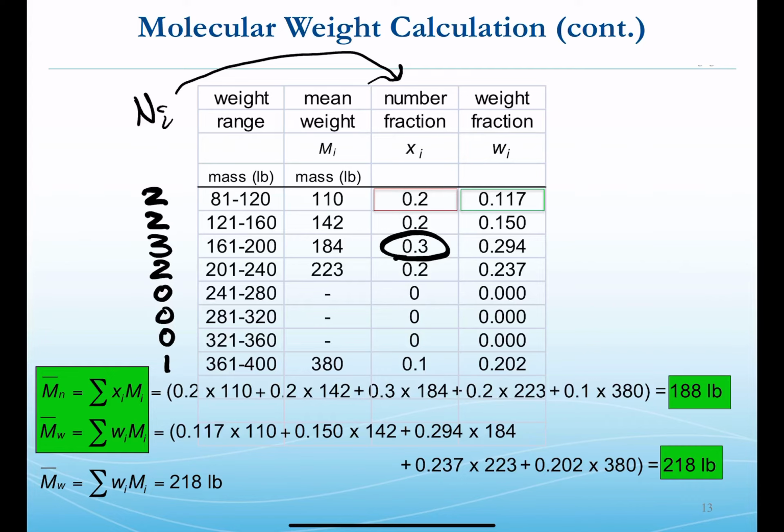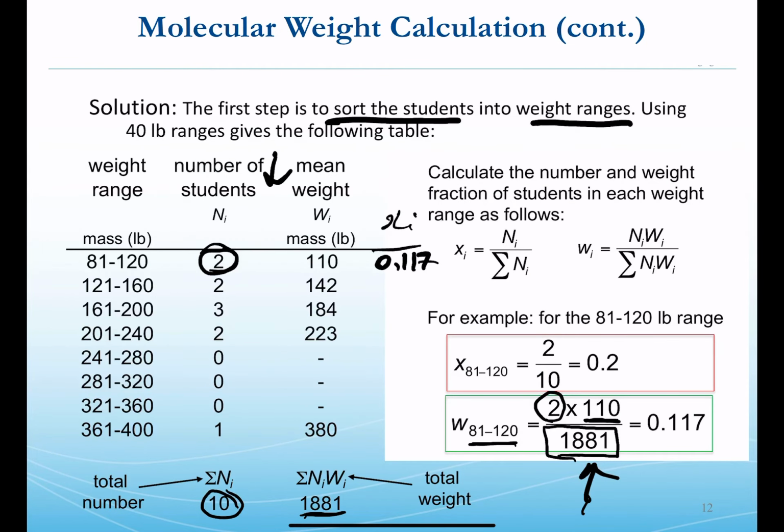Now, when we look at weight fraction, we did a calculation a moment ago for this. So that green boxed feature, we saw that calculation earlier on the previous slide. The next entry is going to be 0.15. So the approach there was to take the total number of students times the weight of that bin divided through the total.